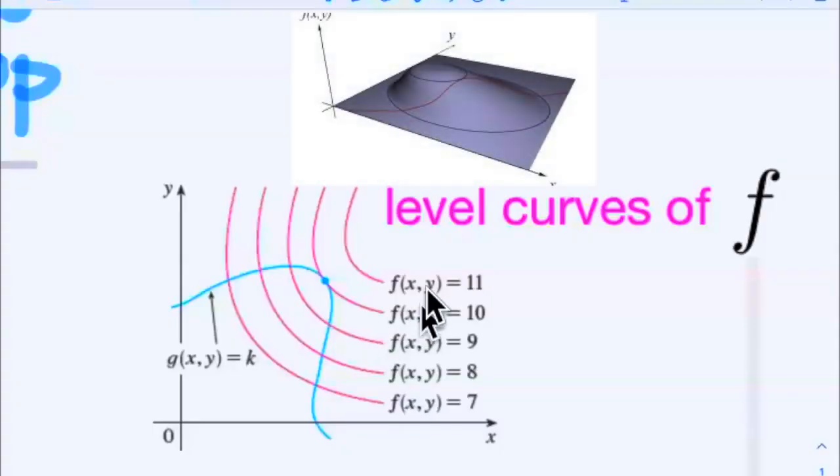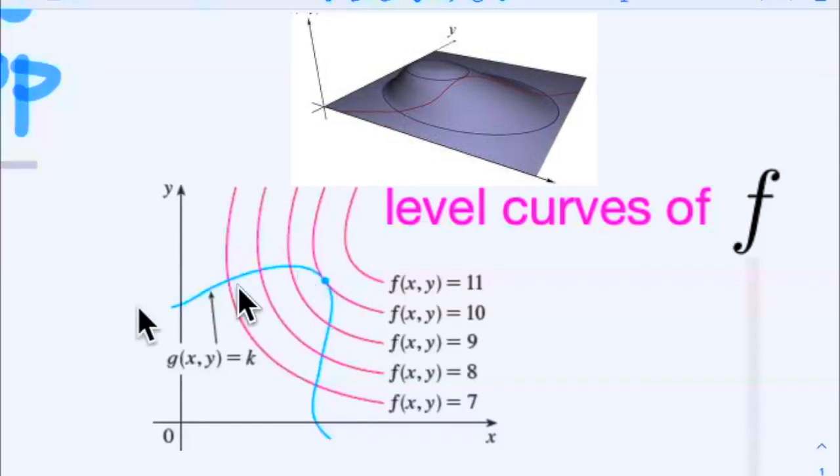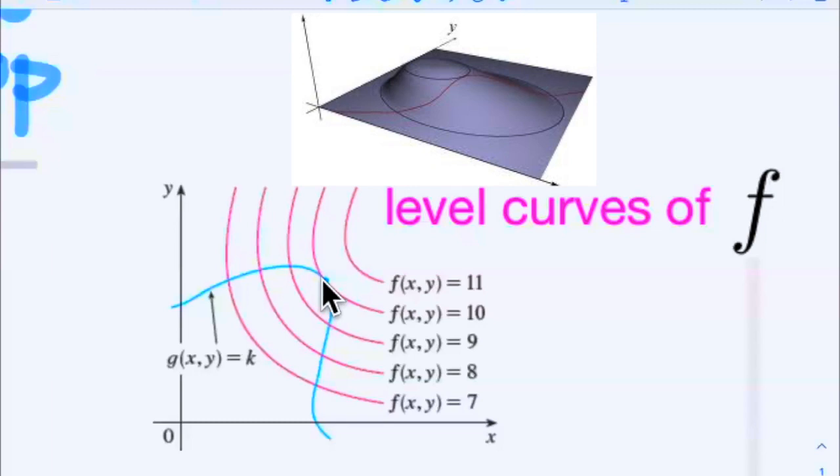So what does it mean to find the largest value over here? To find the largest value of this function f is to find the level curve of f that is going to intersect this curve only once. Okay. Now what happens at this point where they just touch each other?